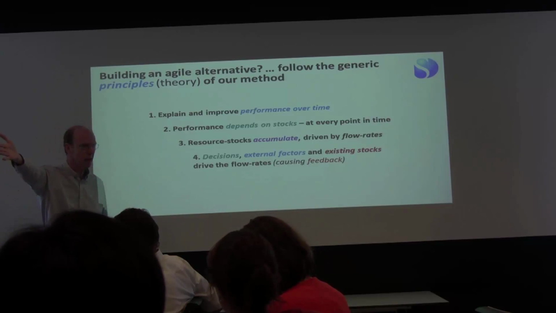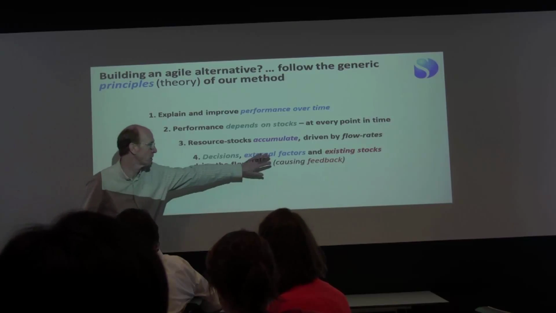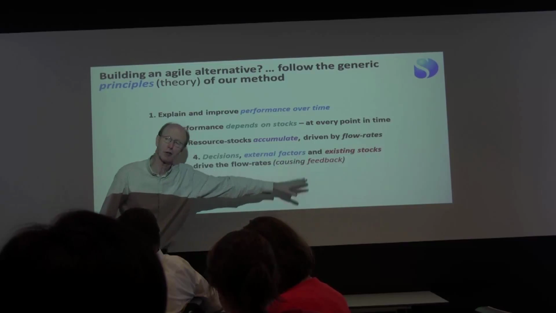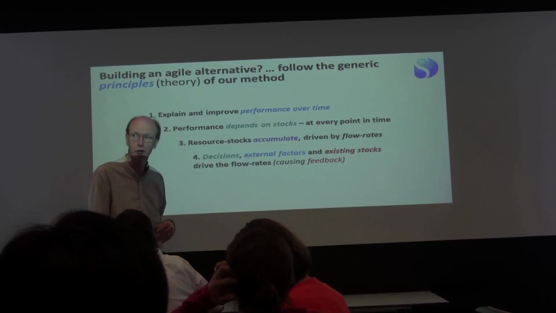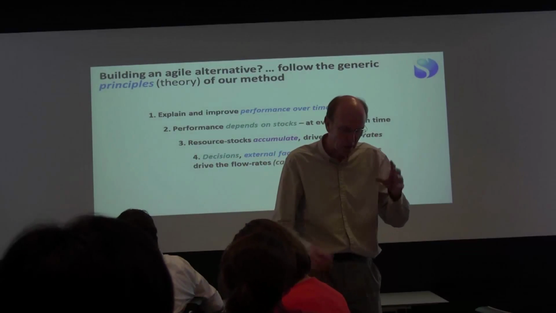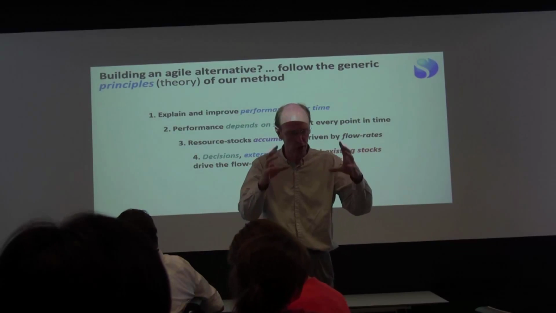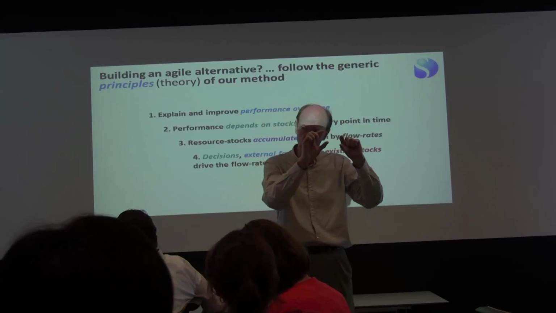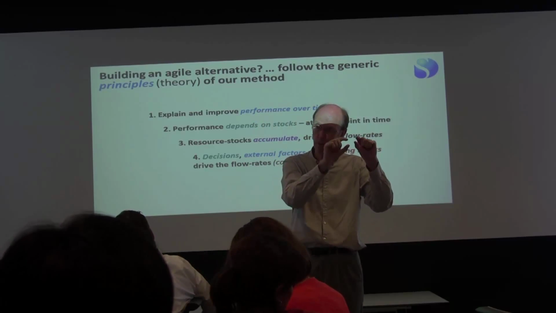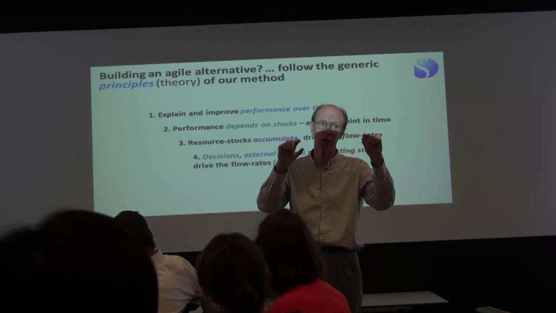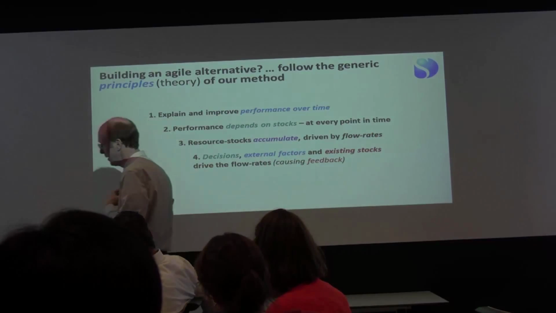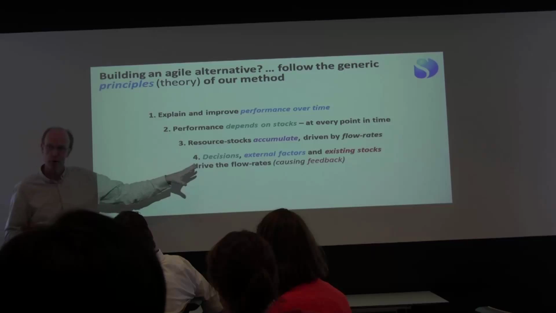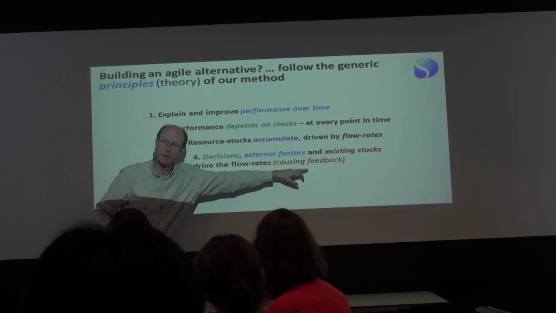It's not his system. Right? It's an external factor. Then the third category is existing stocks. So if a stock is going to change, one of the things that could change it, that could make the flow happen, the flow is caused by existing quantities of stocks. Now, that is our theory. That last little bit is where the feedback comes from.